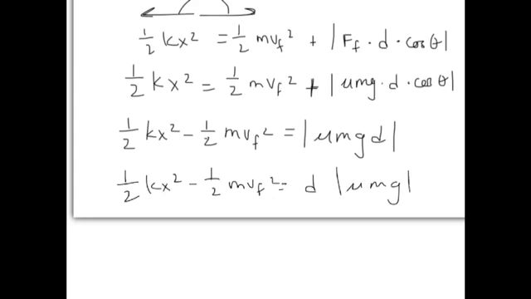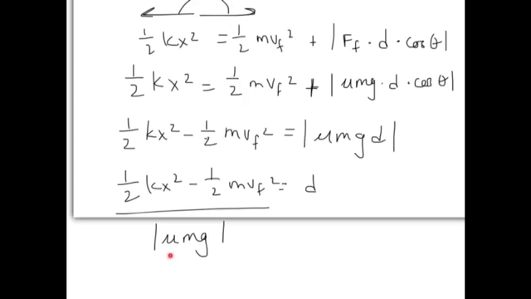So let's go ahead and divide by mu mg, which pretty much erases it from this side of the equation. So the distance this object will travel in the end is really the differences in the energies between the spring and the kinetic energy, but then we're dividing this by the quantity absolute value of mu mg.